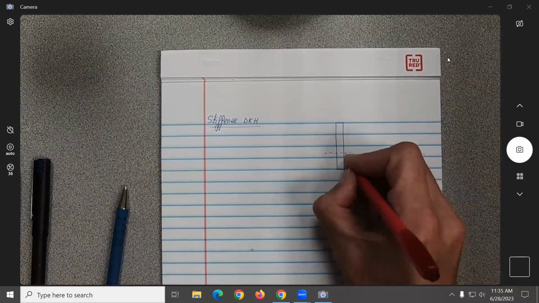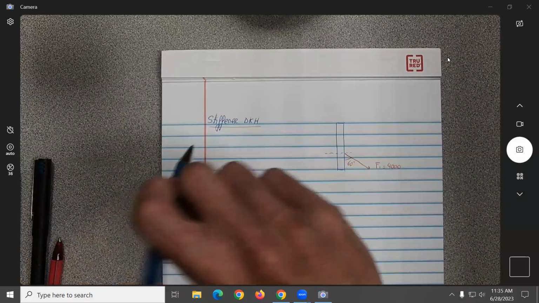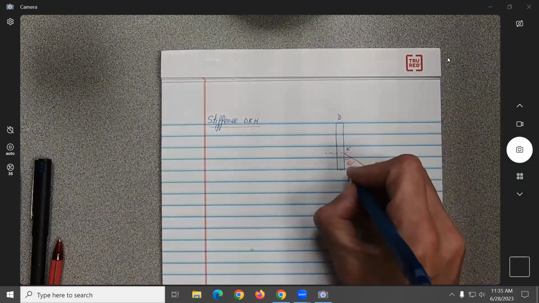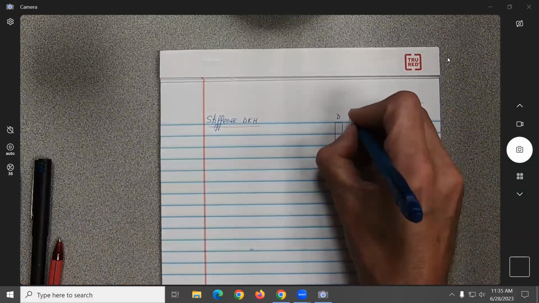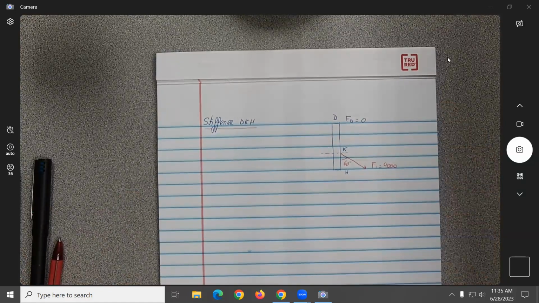Of 4,000, where this is 60. And if you remember, what was the load at the free end of the cantilever frame, or the cantilever beam, if you want? We said it was 0, no?